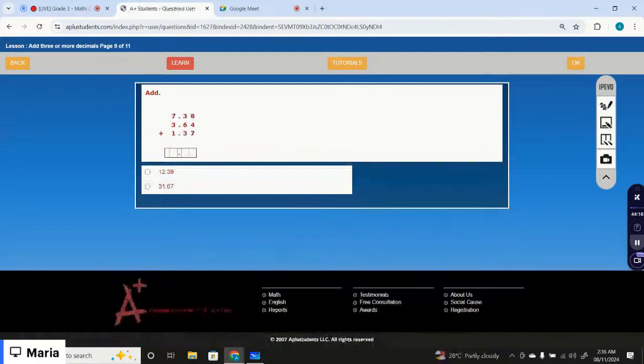The next one is add 7.38 plus 3.64 plus 1.37. So, which is the correct option?